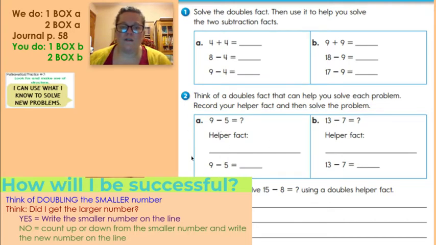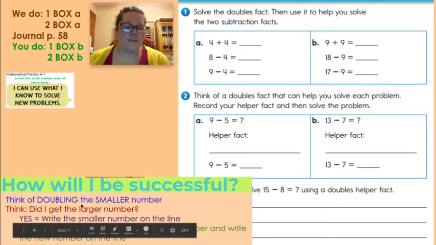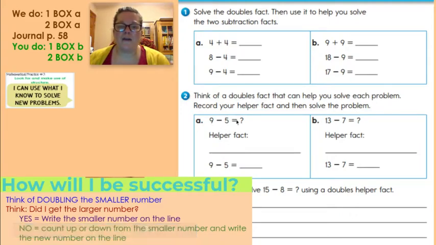All right, down here, let's do 2A. It says to think of a doubles fact that can help you solve each problem. You're going to record your helper fact and then solve the problem. So again, this is where we're going to think of doubling the smaller number. So 9 or 5, which one is smaller? The 5 is smaller, right? So let's go ahead and write the doubles fact. 5 plus 5 equals 10. Now you notice 9 is 1 less than 10.